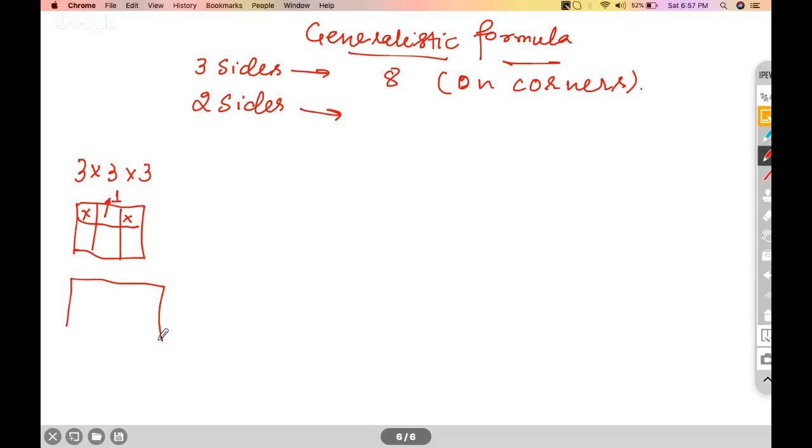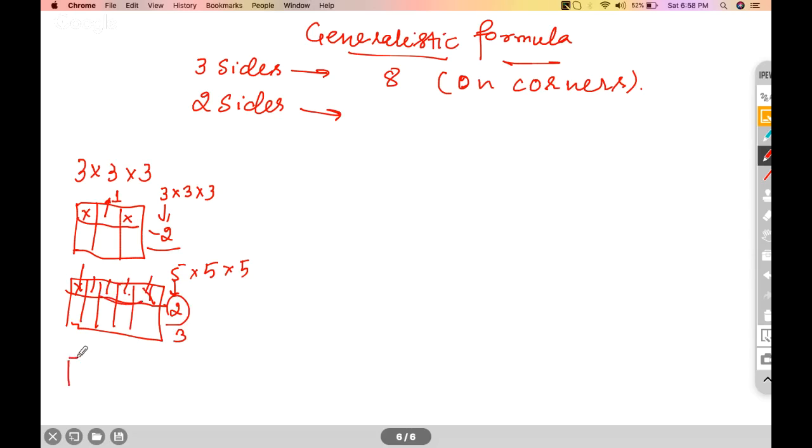When it was 5 into 5 into 5, I made 5 like 1, 2, 3, 4, 5. So I removed these two, and I take 1, 2, 3. So whatever kind of cube it is, if it is 3 into 3 into 3, I am removing the corner cubes, so I am reducing 2 from here. Similarly, if it is 5 into 5 into 5, I am removing 2 from one edge. So how much am I getting? 3 on one edge.